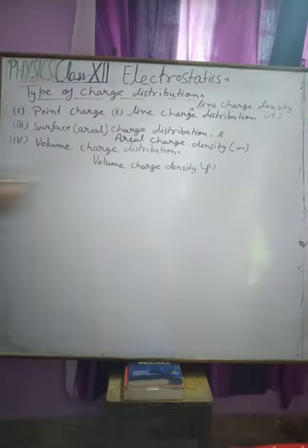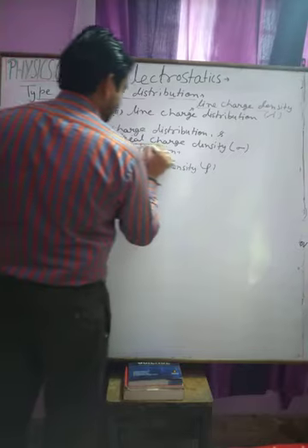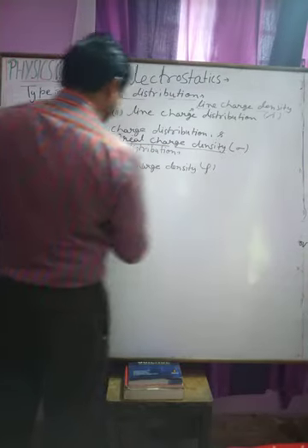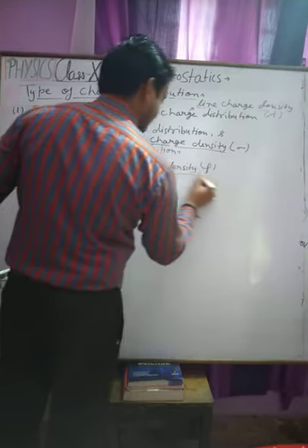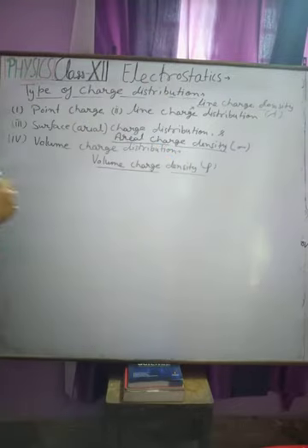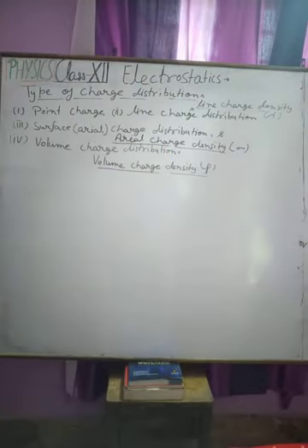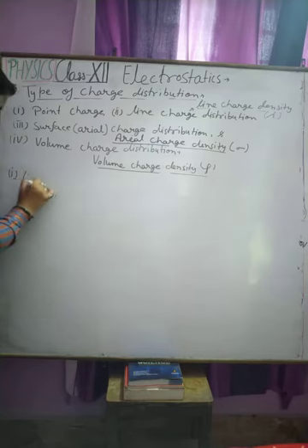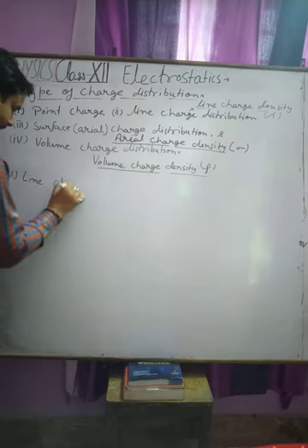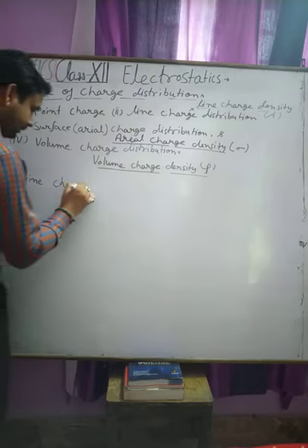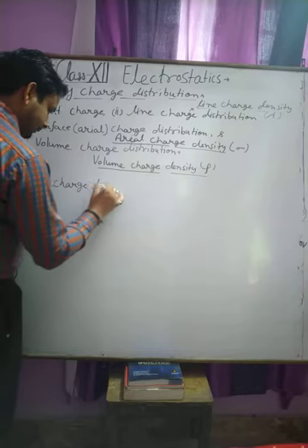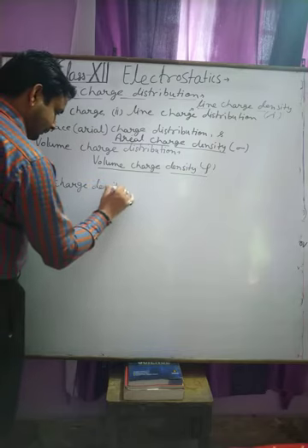Okay, student. Now we understood all kinds of charge density. First is line charge density, or lambda.